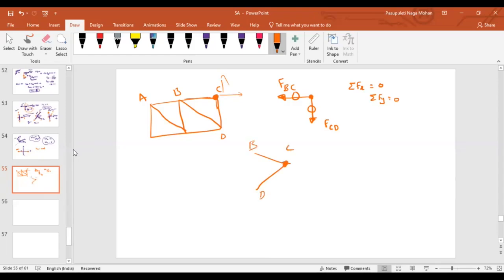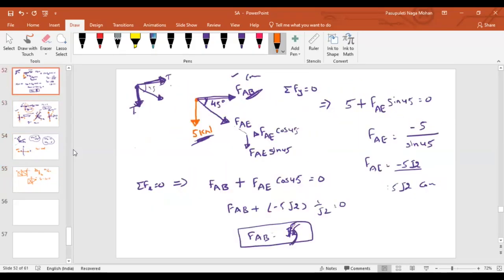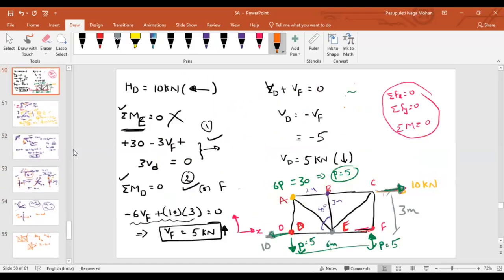Again, in this case, can I say that or not? Yes, sir, again the same thing. Two members are connected, there are no forces acting at this joint, then again the force in member CD is equal to 0. Clear? Clear, sir. So just like this, you have to go joint by joint and find out the answers.